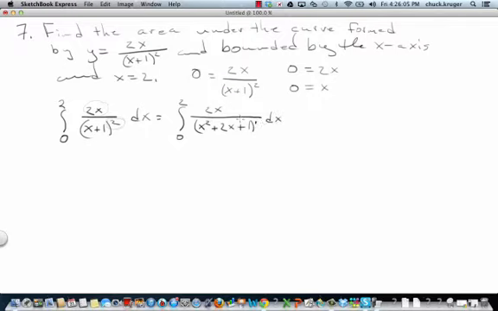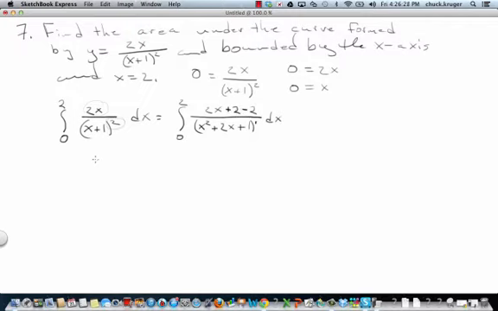And so I'm thinking natural log, and if I take the derivative of this, I get 2x plus 2. Well, I have the 2x, but I don't have the plus 2. So I'm going to do kind of a common math trick, is I'm going to add 2, but if I add 2, I have to subtract 2. So really, I'm just simply adding nothing. I'm just rewriting what 0 is here.